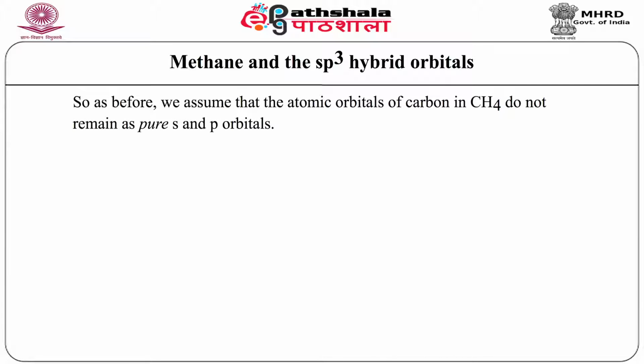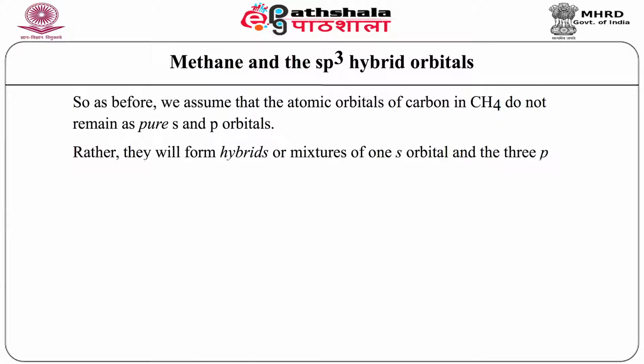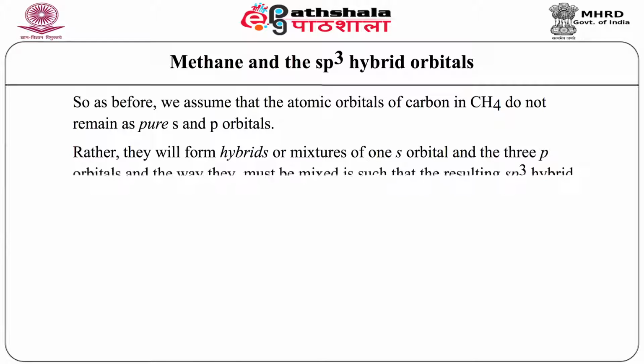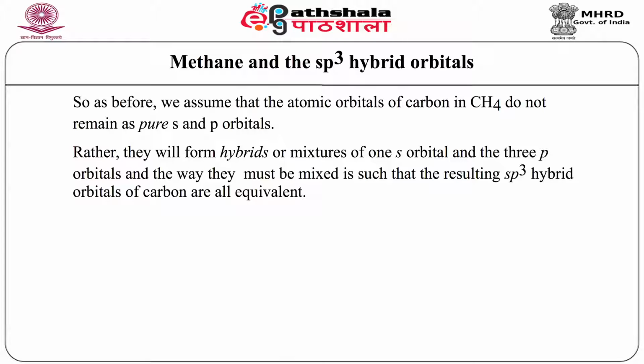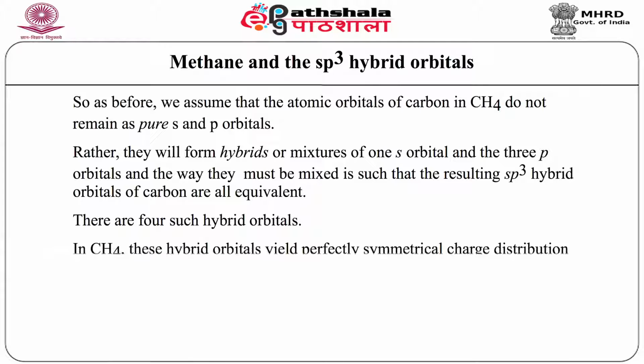So as before, we assume that the atomic orbitals of carbon in CH4 do not remain as pure s and p orbitals. Rather, they will form hybrids or mixtures of one s orbital and the 3 p orbitals, and the way they must be mixed is such that the resulting sp3 hybrid orbitals of carbon are all equivalent.